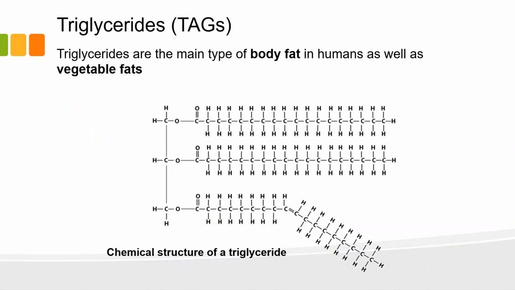So triglyceride, let's take a look at the word. Tri means three, and glyceride means actually glycerol. By the way, a lot of textbooks and other places abbreviate these as TAGs. I don't usually use TAGs, I usually just say triglycerides. I'm usually not into acronyms so much, so I like to use the full word. Let's take a look at this structure.